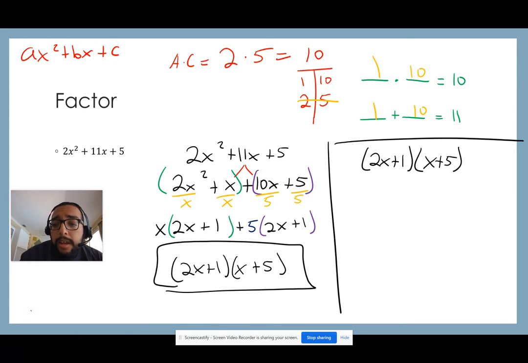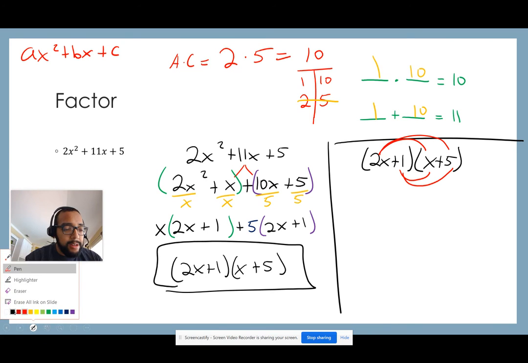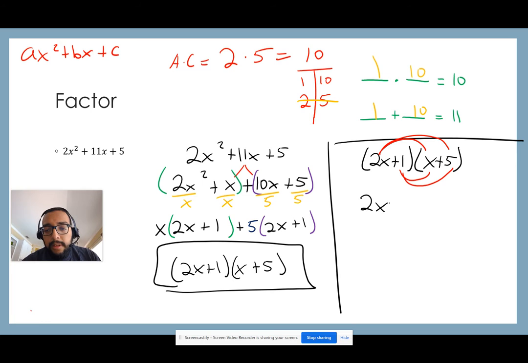So here, I'm going to multiply each term by the other term. 2x times x is 2x squared. 2x times 5 is 10x. 1 times x is just x, and then 1 times 5 would be 5.